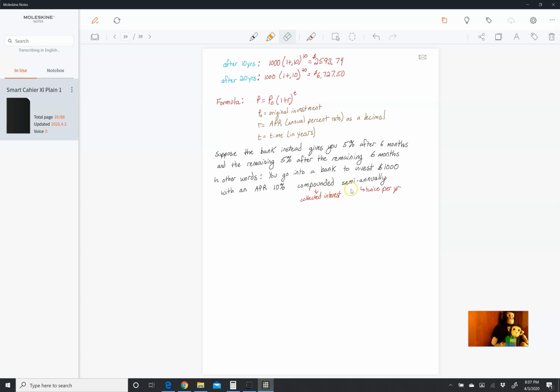If we said compounded 4 times per year, it would be saying you're getting a quarter of it after the first 3 months, the second quarter after the next 3 months, the third quarter after the next 3 months, and finally the last quarter over the next 3 months. Okay, so that over the course of the year, you've gotten a total of 10%, but 2.5% each time. So the number of times that you compound is the number of times that you collect interest.